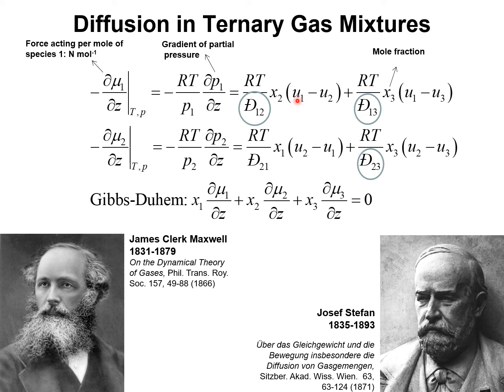The friction component 1 experiences with species 2 is proportional to the velocity difference of 1 with respect to 2. The friction component 1 experiences with component 3 is proportional to the velocity difference between 1 and 3.